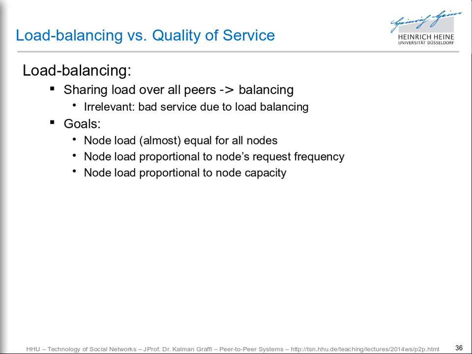Okay, here we want to discuss the load balancing versus the quality of service in an overlay. How to balance the load over all peers. At this point, the quality of service is irrelevant. So there do exist some goals. The node load should be almost equal for all nodes. This is somehow homogeneous. Then we have a goal, the node load should be proportional to the node's request frequency.